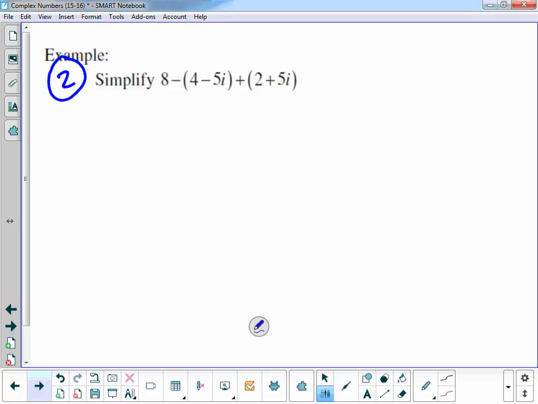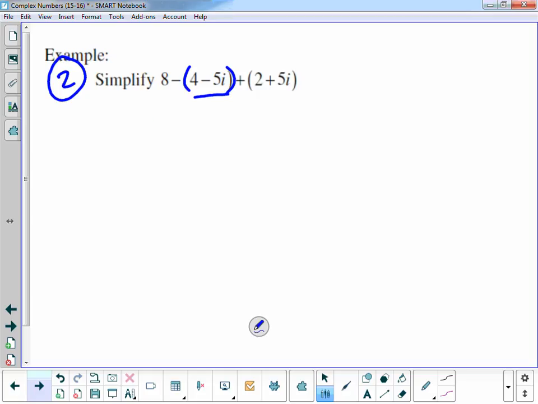So let's do 8 subtract the quantity 4 minus 5i plus 2 plus 5i. So what happens when we subtract a quantity like here? What happens to the signs of what's in that quantity? Yes, the opposite, right?